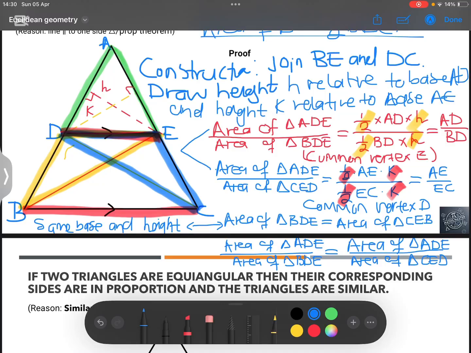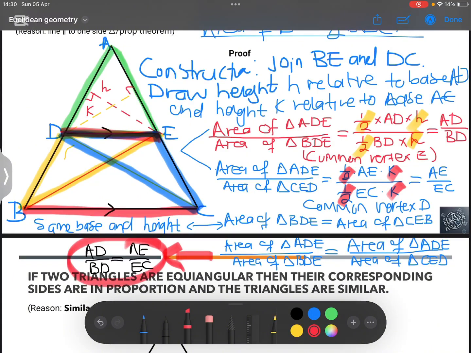And then we know that will give us AD divided by BD equal to AE divided by EC.